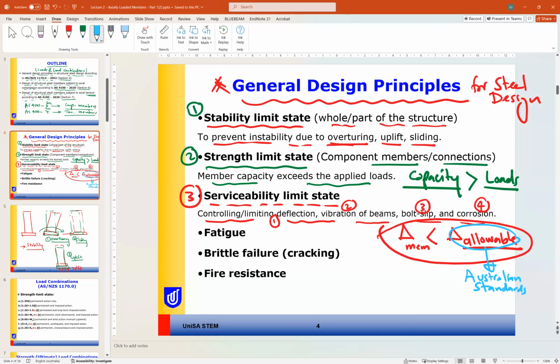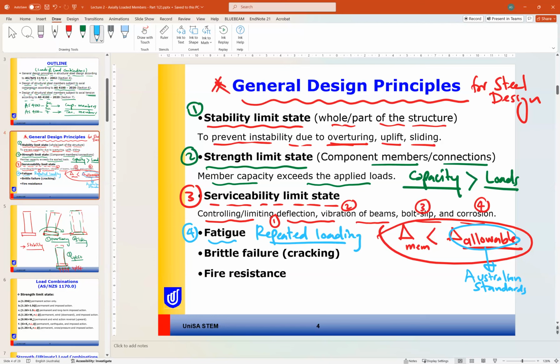And other criteria of design we may consider in some cases, like fatigue. The fatigue happens due to repeated loading. So in some cases, like machines or cranes and so on, the load itself is not critical for the member, so the member is safe in strength, but because the load is repeated regularly, we have another problem of fatigue.